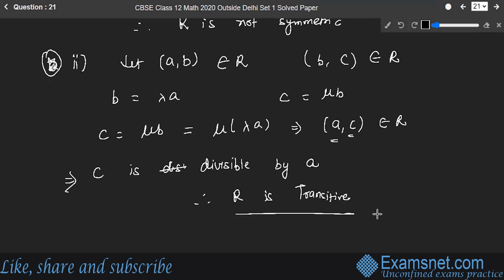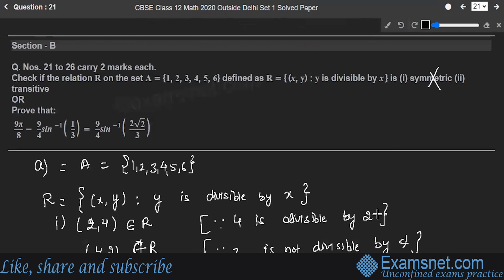Hope you understood that. Let's move to the B part of it. You have a choice in the question. You have to prove that this statement is true.